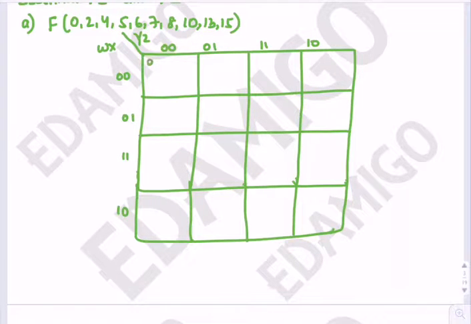So this is 0, 1, 3, 2, 4, 5, 7, 6, 8, 9, 11, 10, 12, 13, 15 and 14.